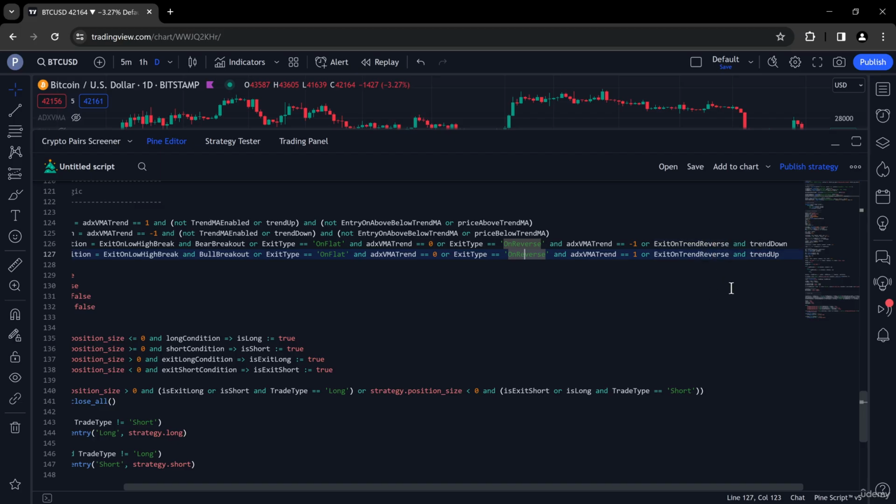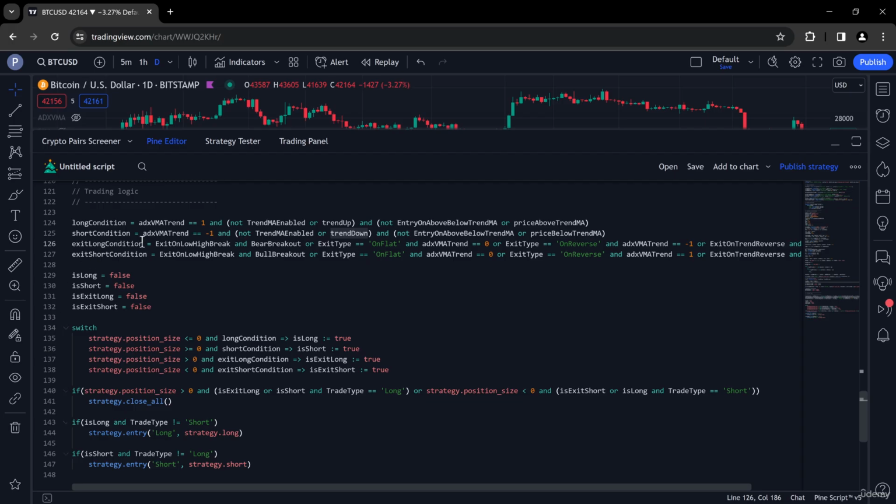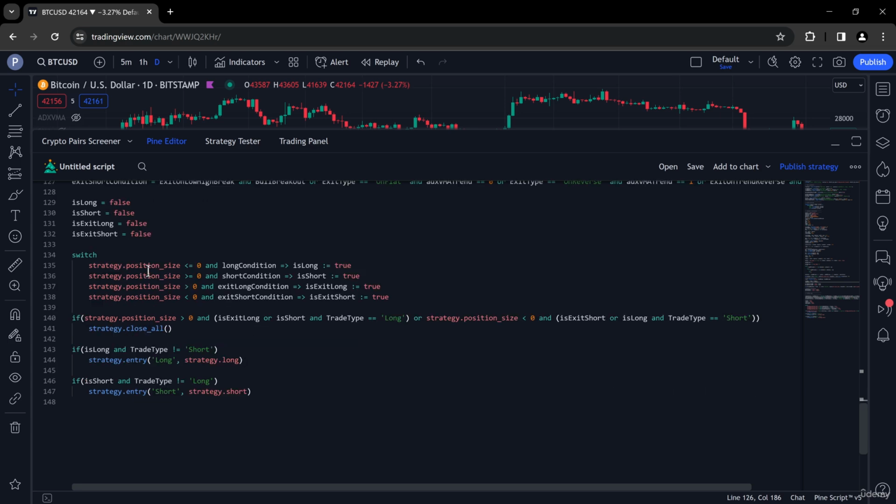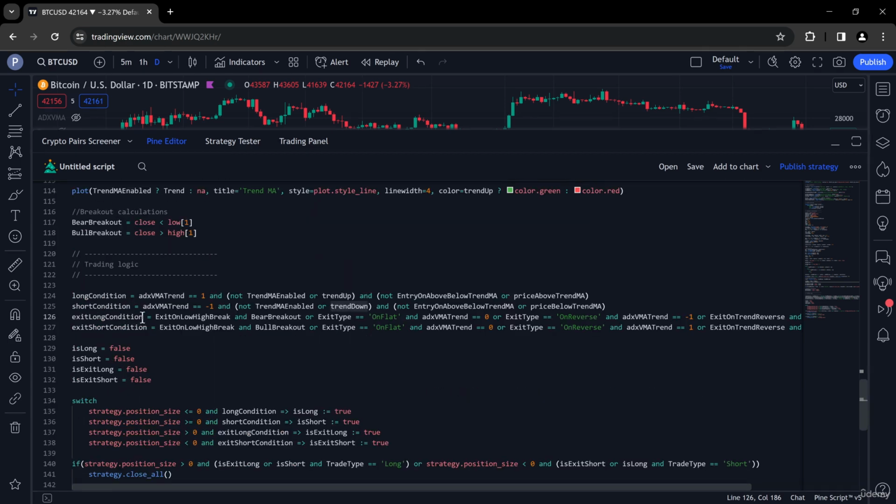When exit on trend reverse is true, then we are going to evaluate based on this logic whether trend is down or not. And the opposite logic, mostly opposite logic, is used on exit short condition. So next we calculated the technical conditions in our strategy based on the indicators we used.